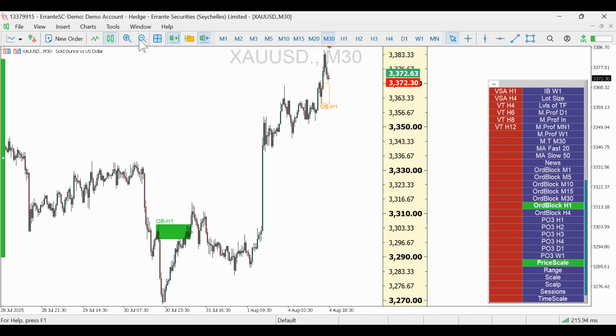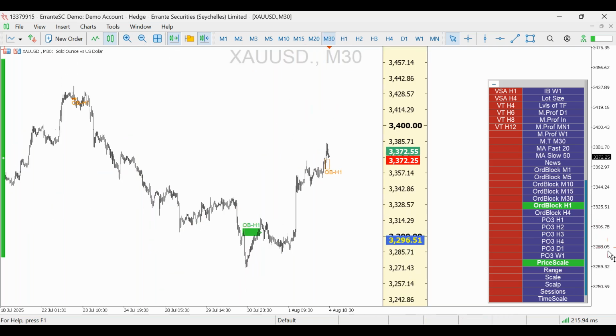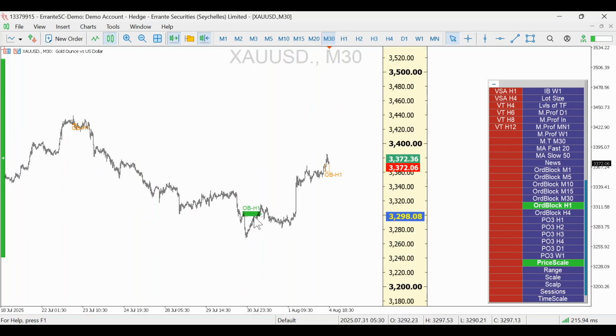And I can go to M30 and look for the H1 as well. So I have all the options available, and that is how we trade. We build our case for entry, and then we pursue it.